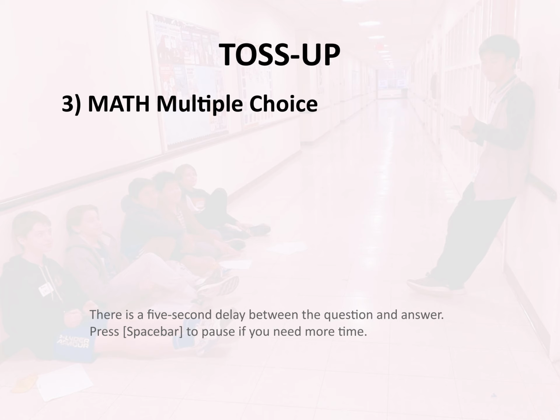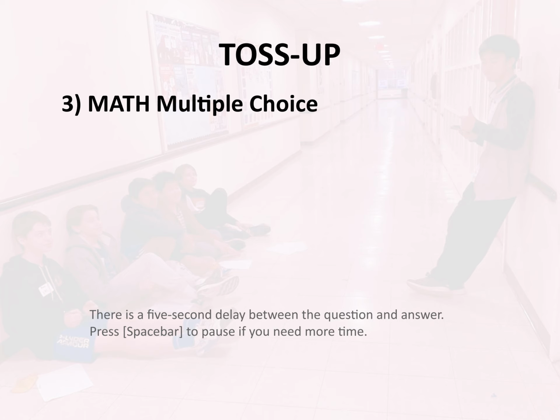Toss-up 3. Math. Multiple choice. Which of the following relations does not represent a function? W, (2, 3), (-4, 3), (7, 3). X, (0, 0), (-1, -1), (2, 2).